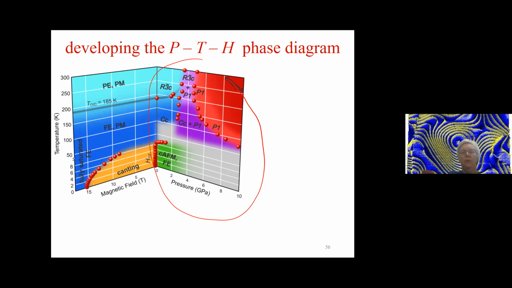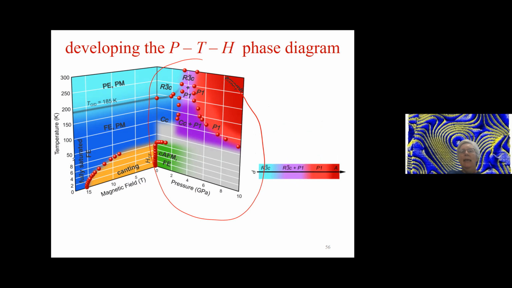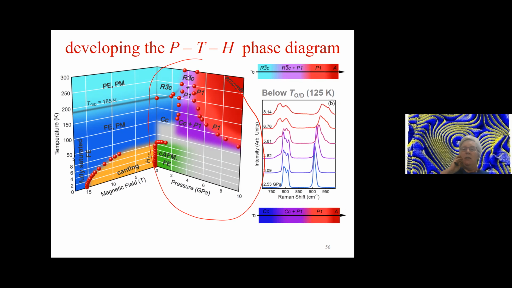So if you sweep pressure above the order-disorder transition, what you see is you go from R3 bar C through a mixed phase into P1, and then eventually to an amorphous phase. If you sweep pressure below the order-disorder transition, you also go from a CC phase into a mixed phase, and then into the P1 phase and amorphous phase.